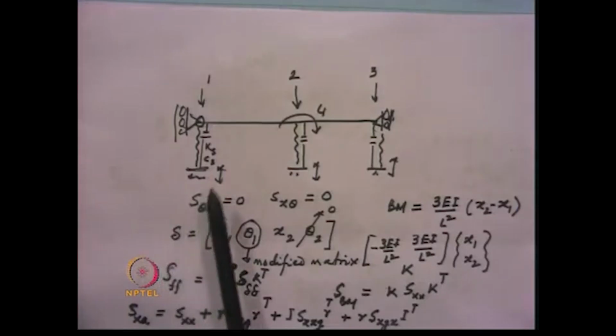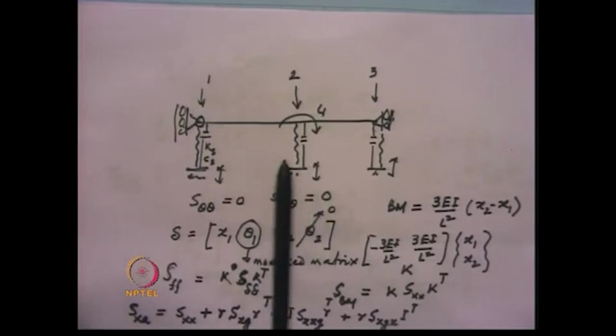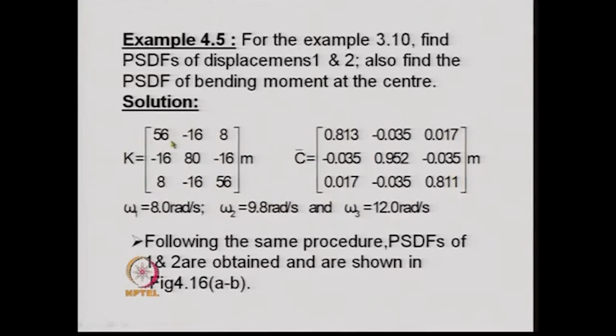Now, the stiffness matrix for the system was this 3 by 3 stiffness matrix. We obtained the damping matrix using C bar is equal to alpha M plus beta K, and the three frequencies obtained from this K matrix and M matrix were 8, 9.8 and 12 radian per second.